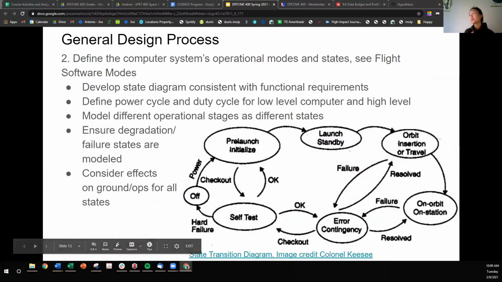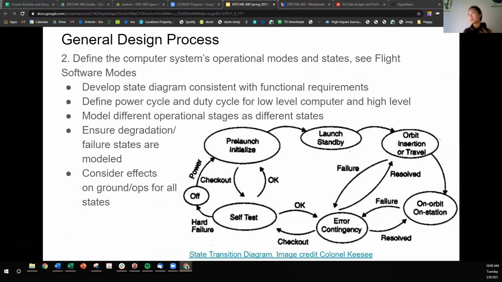Okay, so once you have your requirements set, you can think about different operational modes and states. Recall this state transition diagram where you want to develop a state diagram consistent with your functional requirements. This could help you define the power cycle and duty cycle for low-level computer and high-level computer modes.